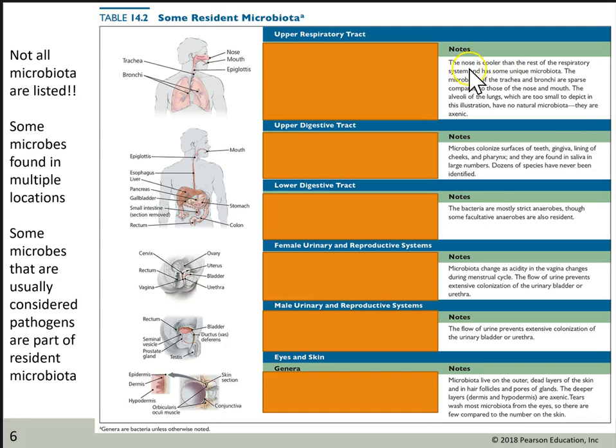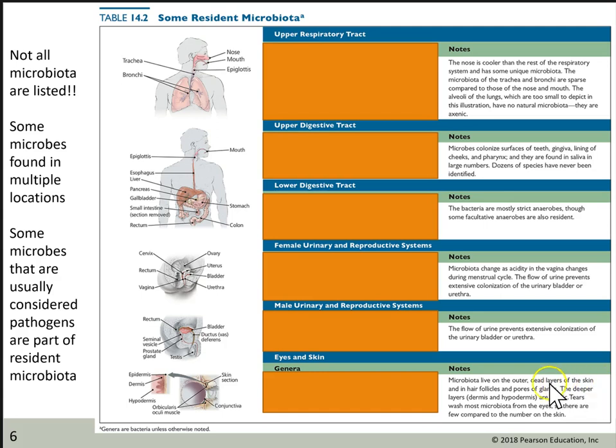So for example, the nose is cooler than the rest of the respiratory system and has, for that reason, unique microbiota. Whereas we see that the female urinary and reproductive system is a very acidic environment. And so the microbes that will be associated with that are able to live in an acidic environment.